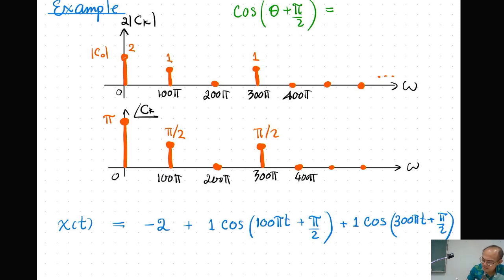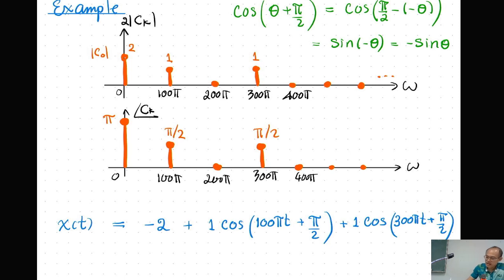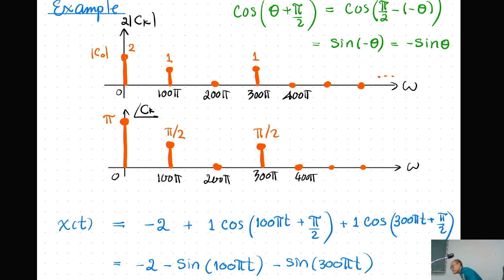So it is cosine of pi over 2 minus theta, right? And it is sine of minus theta, so it is minus sine theta. And so if I simplify it, I'm going to have minus 2 minus sine 100 pi t minus sine 300 pi t. So this is the signal we're looking for.